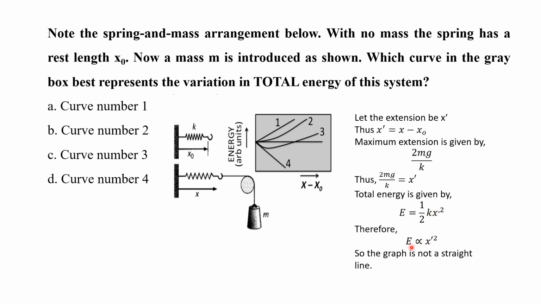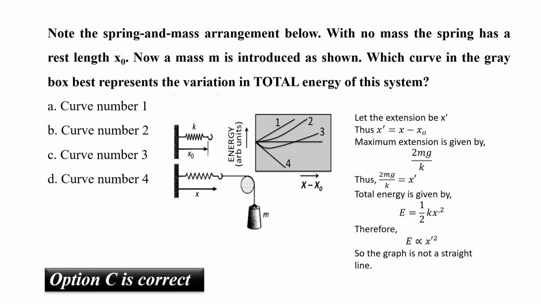So the total energy is directly proportional to x dash square. So the graph is not a straight line. According to the given data, curve number 3 represents best the variation in total energy of the system. So the correct answer is option C.